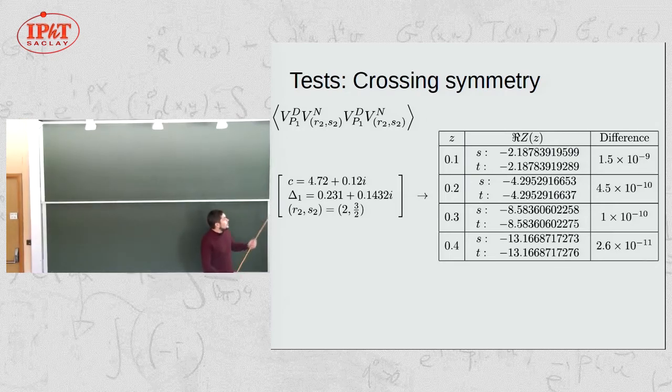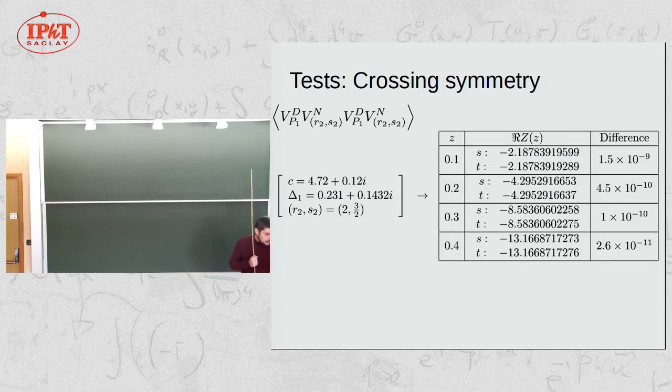The non-diagonal field that appears here has a spin 3, and we find that the agreement between the two channels S and T is rather good. It's almost always of order 10 to the minus 10. So from looking at this example, we conclude that this function satisfies crossing symmetry, or it does enough for our criteria.